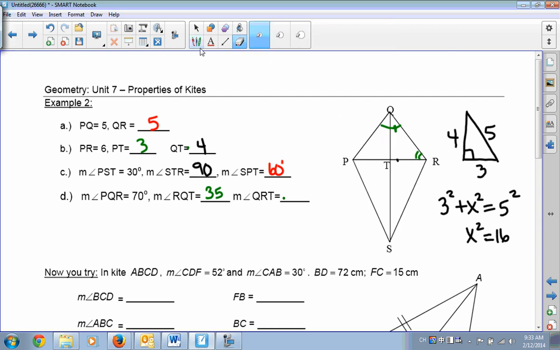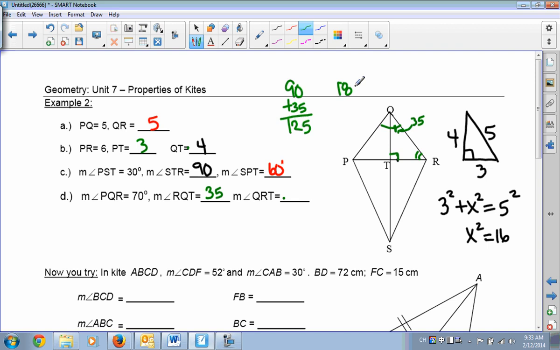So this angle right here is 35. We don't know this angle, but we do know this angle. What is it? 90. So how do we find the angle that we don't know? 90 plus 35 is what? 125. And then what do we do with that? Yeah, subtract from 180. And we get that angle right there is 55.